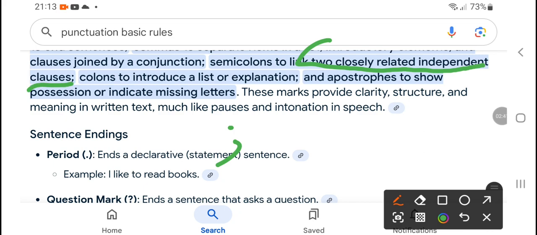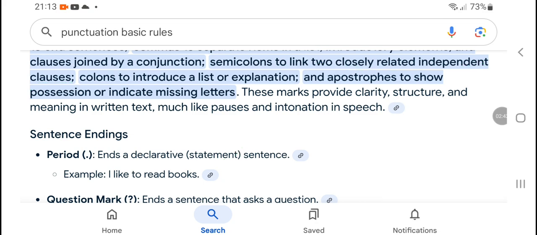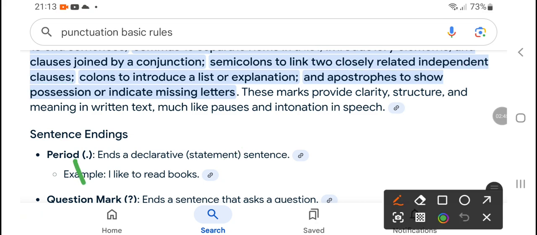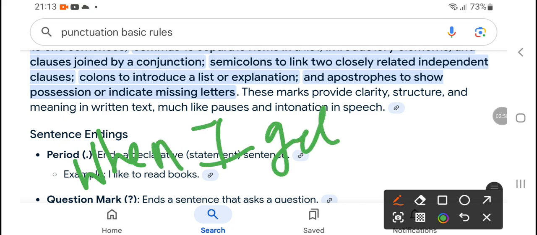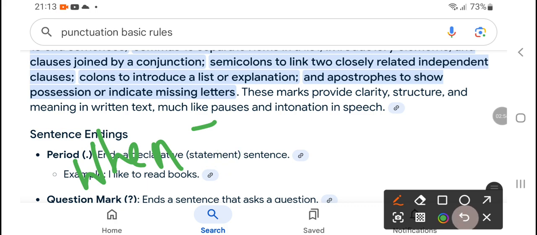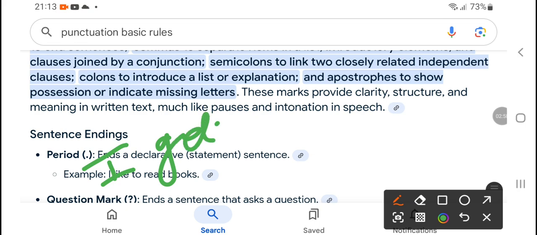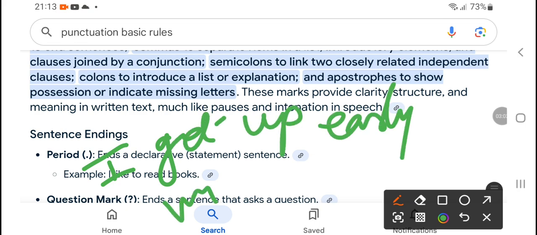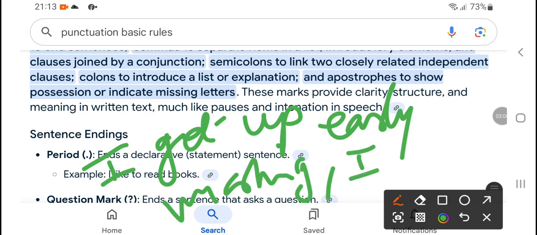For example, "I get up early in the morning; I cook my food."